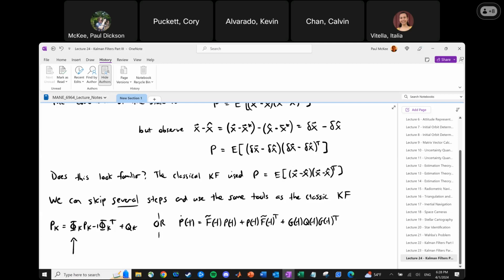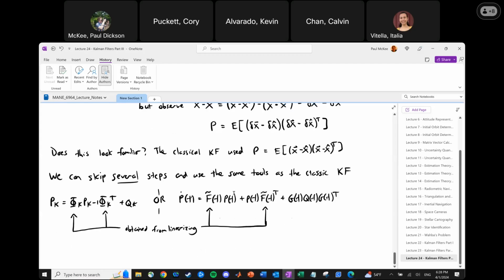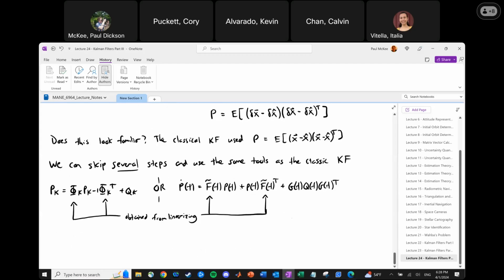So we've got this state transition matrix, or this F matrix. All of these are obtained from linearizing. That's the crucial difference. But essentially, after one extra linearizing step, we are back to a classic Kalman filter.